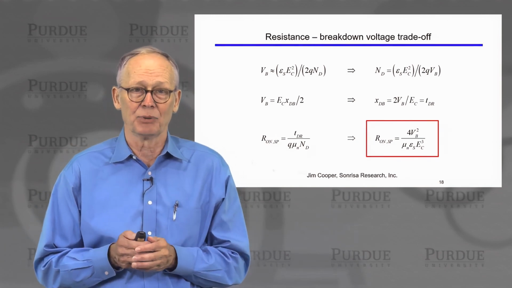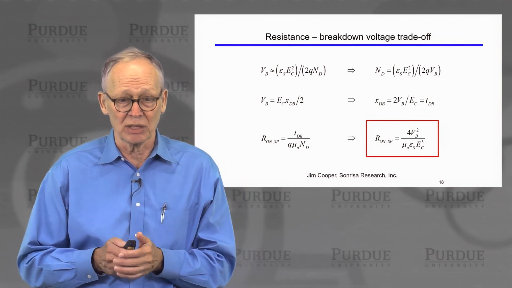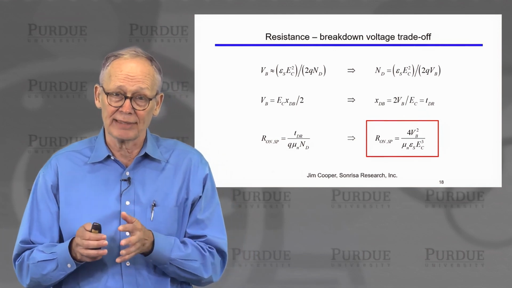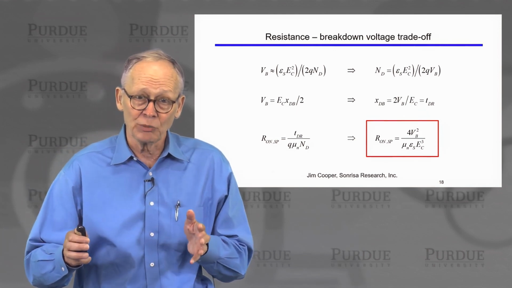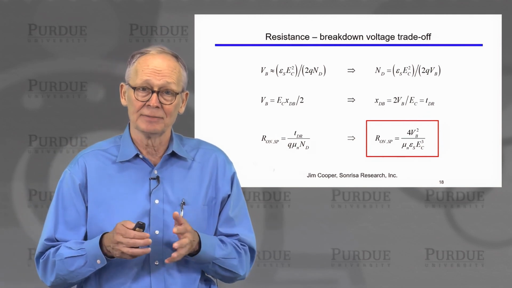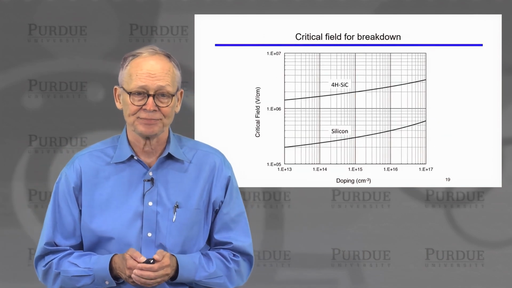This is a very important relation, which applies generally to lots of other devices as well, which tells us that there is a trade-off between on resistance and breakdown voltage. We want a long region for a high breakdown voltage, but a long region gives us a high on resistance. And the trade-off is described by this relation.